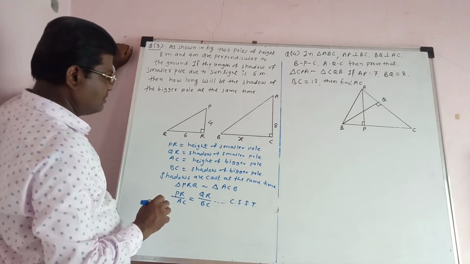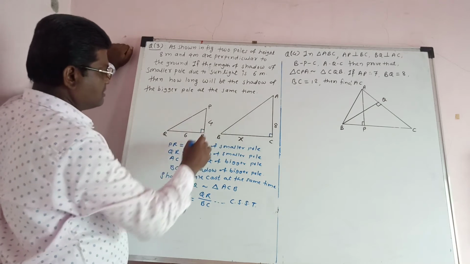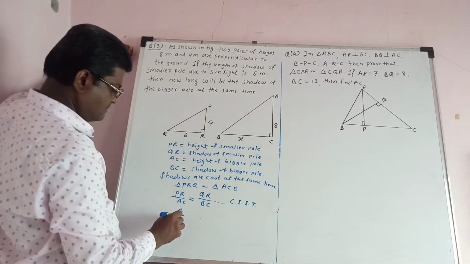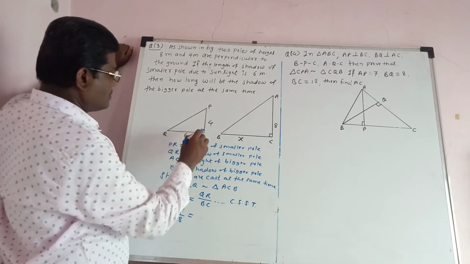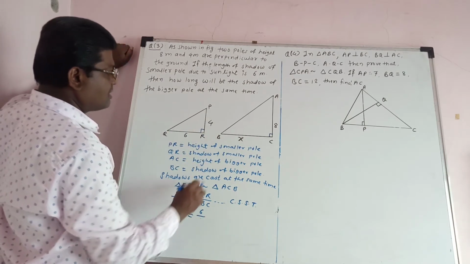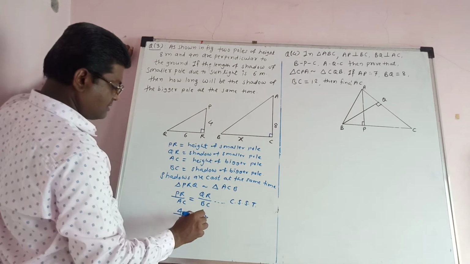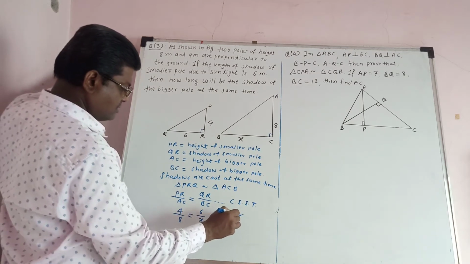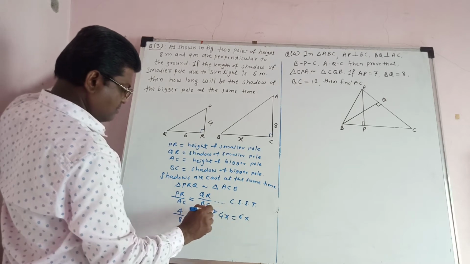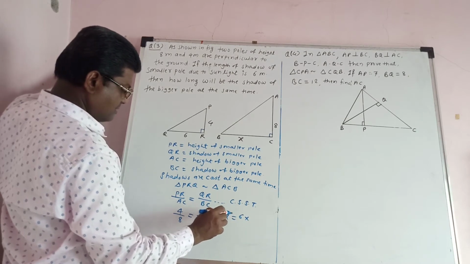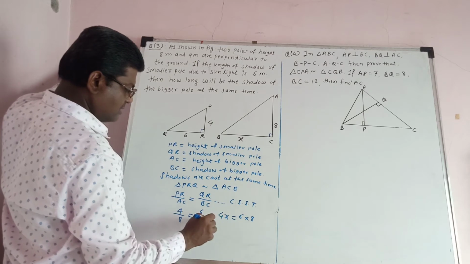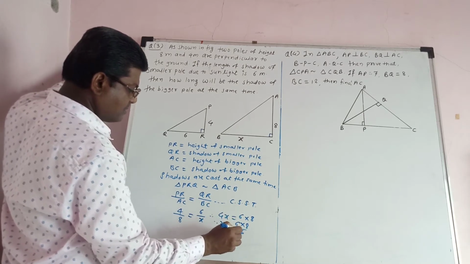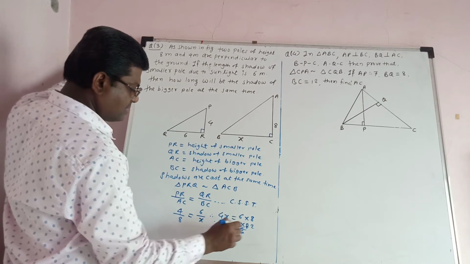Now put the values. PR 4 upon AC 8 is equal to QR 6 upon BC is X. Therefore, 4 into X is equal to 6 into 8. Therefore, X is equal to 6 into 8 upon 4. 4 2s are 8.